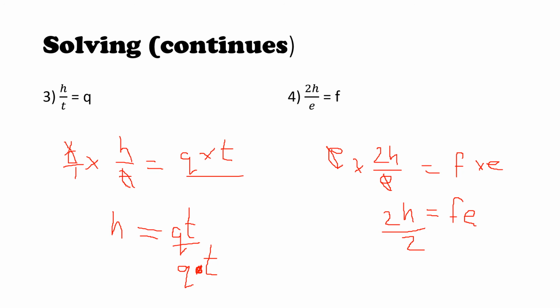And because we divide this side here by 2, we also divide over here by 2. And whatever we cancel, well, the 2 will cancel the 2 here, and that will leave us now with H equal to Fe. That's what we have on the other side. Fe, this F look like a T. Fe divided by 2. And that is our answer.